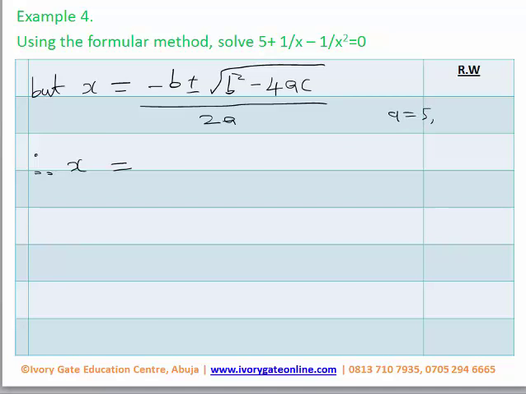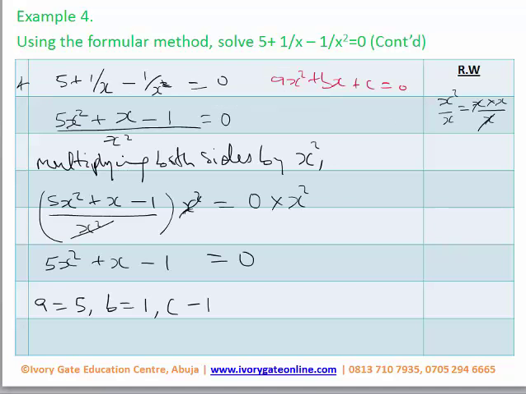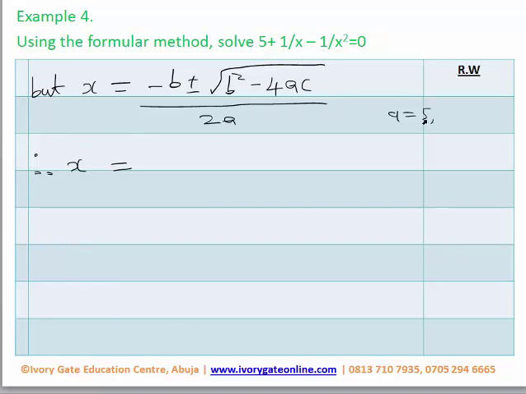a is 5, b is 1, c is minus 1. Beautiful.